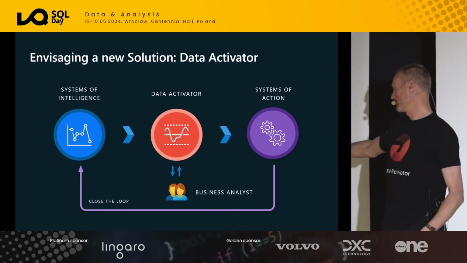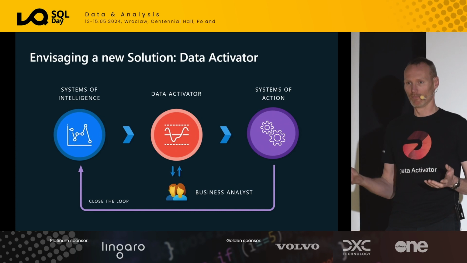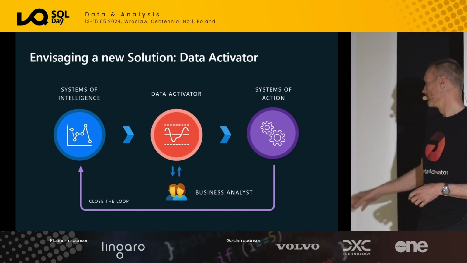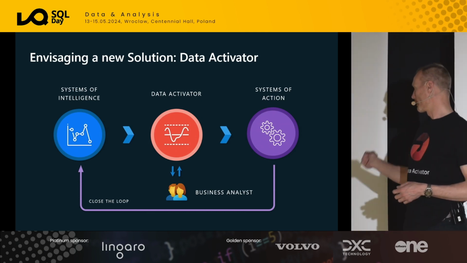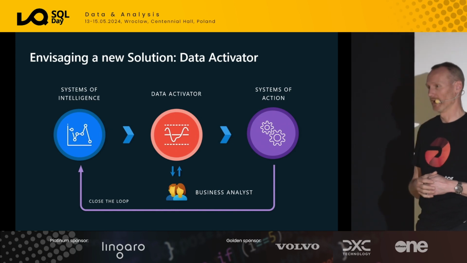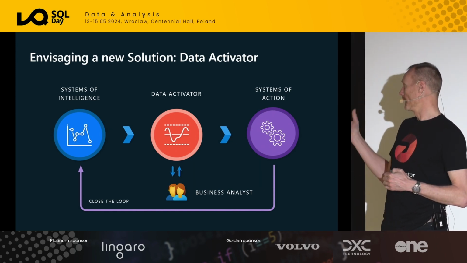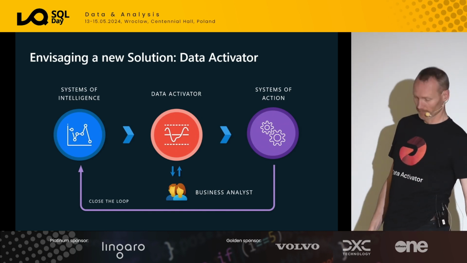So you as a business analyst who are very familiar with the data you're working on, and familiar with the business requirements, can just plug in Data Activator on all the data you have, and then close this loop by driving automated actions on your data and then get it back to your systems of intelligence.